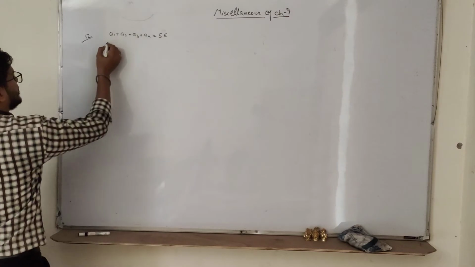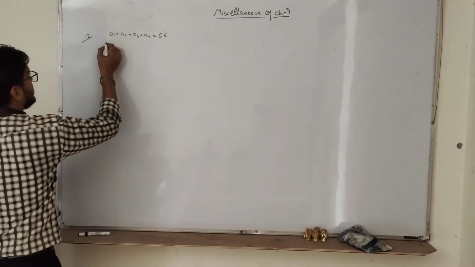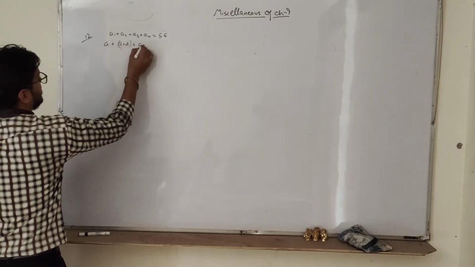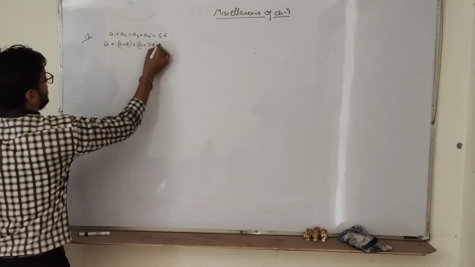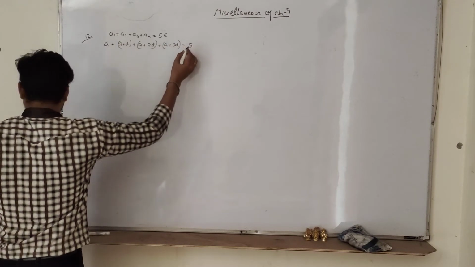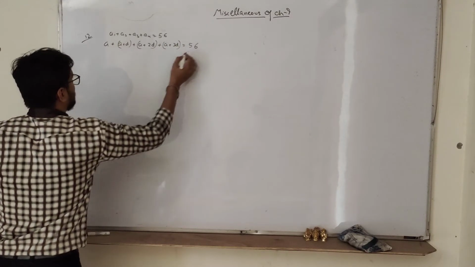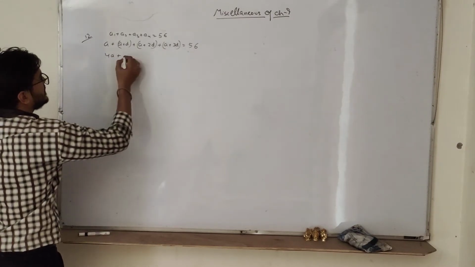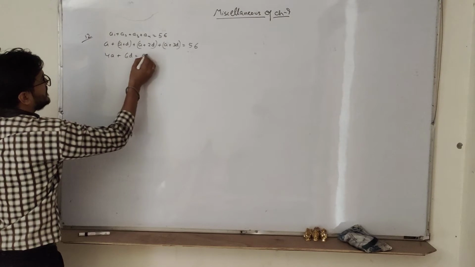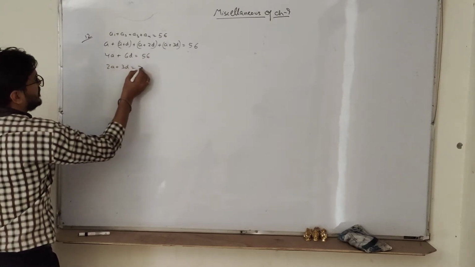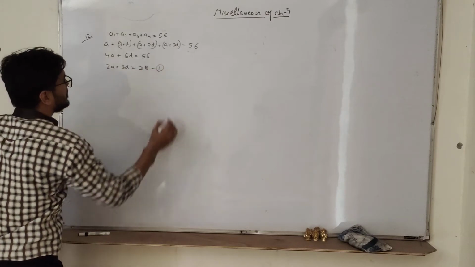So a plus a plus d plus a plus 2d plus a plus 3d is equal to 56. So 4a plus 6d is equal to 56, so 2a plus 3d is equal to 28, right? Let it be equation first.